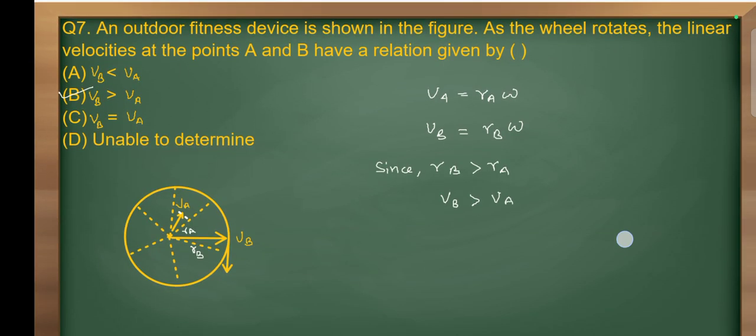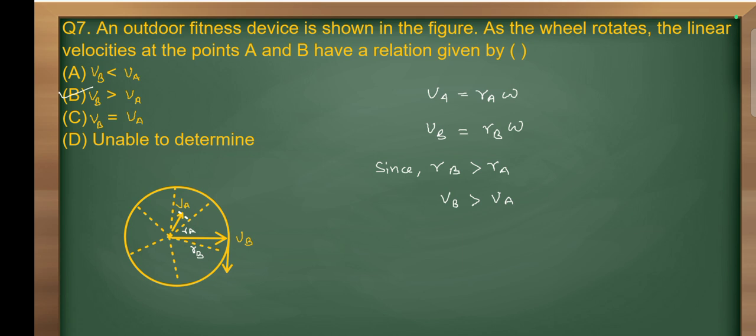Question number 7. An outdoor fitness device is shown in the figure. As the wheel rotates, the linear velocities at points A and B have a relation given by... Here, the object is the wheel, and A and B are two points on it.